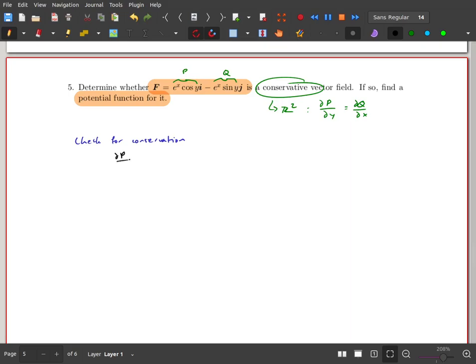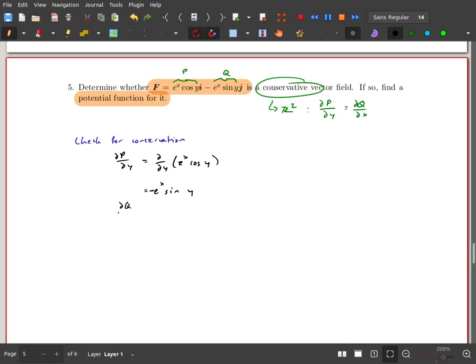So partial p, partial y, that will be the partial derivative of e to the x cosine y, which is e to the x, minus e to the x sine y.